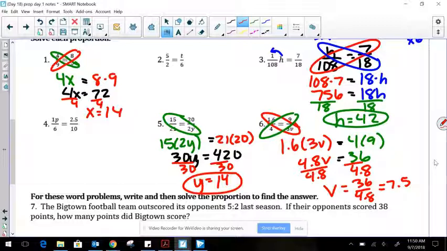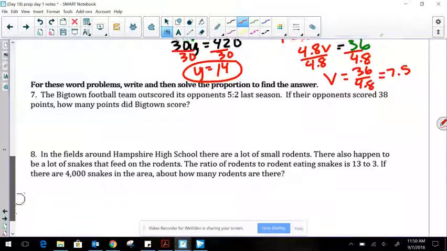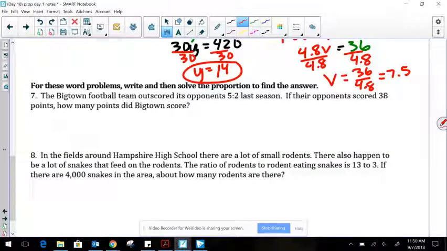Okay, then down below we have a word problem example. Okay, so the Big Town football team outscored its opponents 5-2 last season. If their opponents scored 38 points, how many points did Big Town score? So first you need to figure out what are the two things that we're talking about. First thing is the Big Town football team.